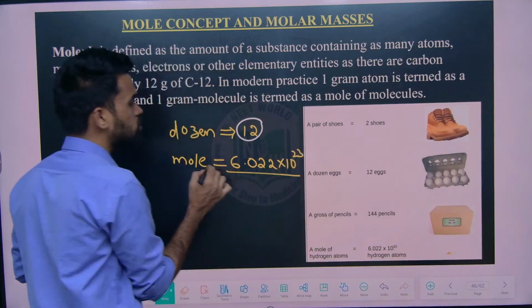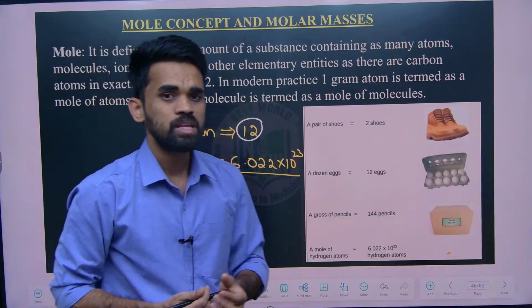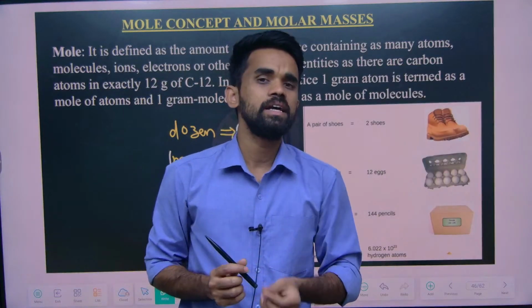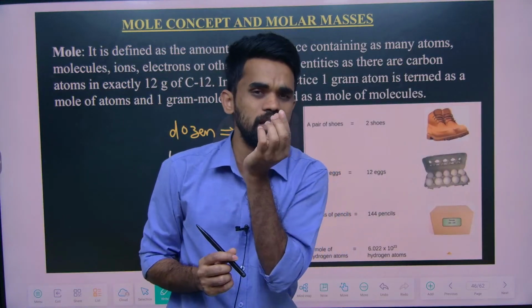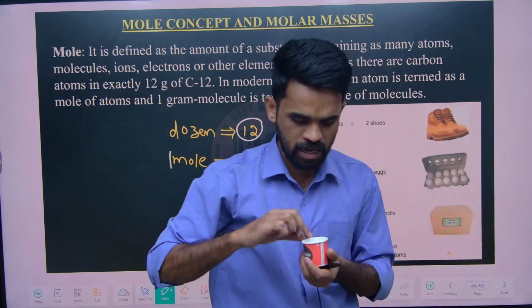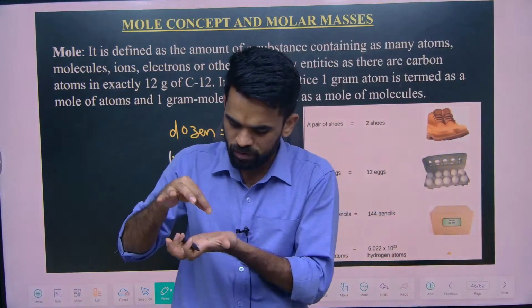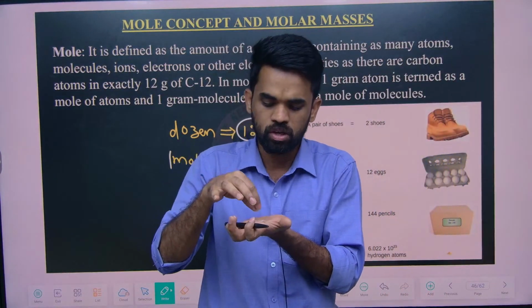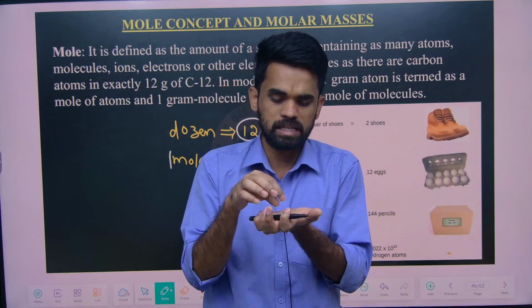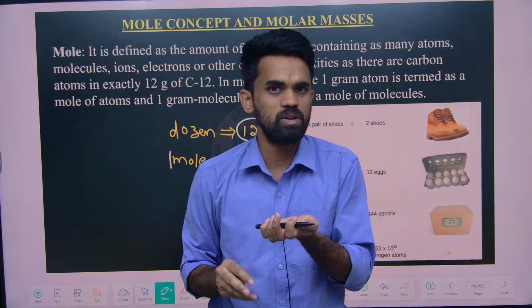Why do we use mole as a concept here? Because even if you take a small quantity of any chemical substance, for example here in this cup there is salt, even this small amount of salt contains many particles, many sodium atoms and many chloride ions.